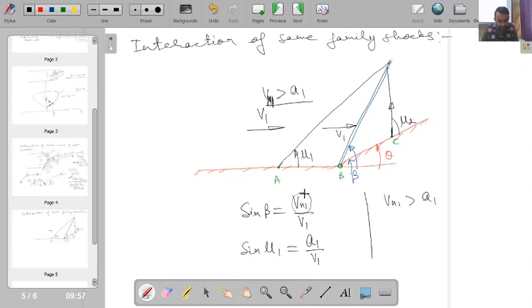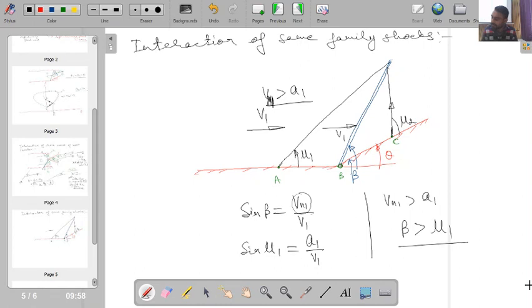If this magnitude is larger, I can easily say that angle beta will be greater than angle mu1. So if I have the beta angle larger and the mu angle smaller, then a Mach wave starting at this point has to interact with this particular shock wave. Is this one clear?